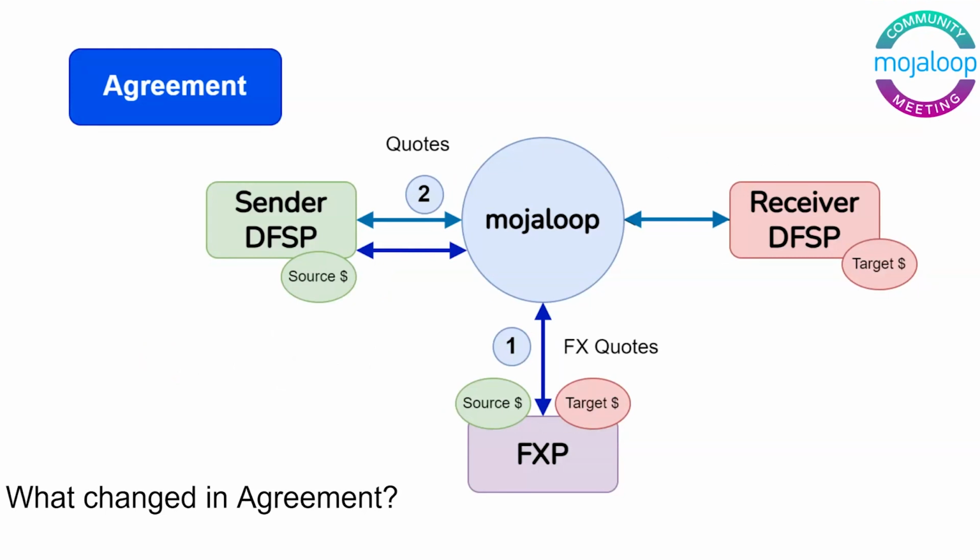But then we have an additional agreement, and this is the use case that we built out, the payee initiated Forex transfer. So here the sender forms an agreement with the foreign exchange provider to secure the forex that is necessary in order to facilitate the transfer. And this happens in the FX quotes resource supported module.